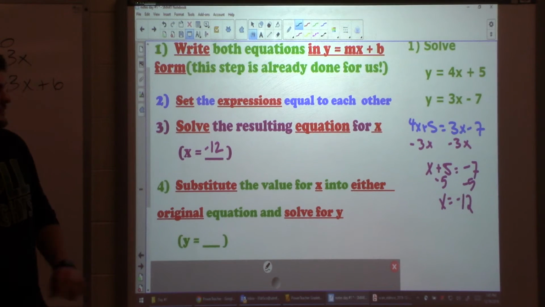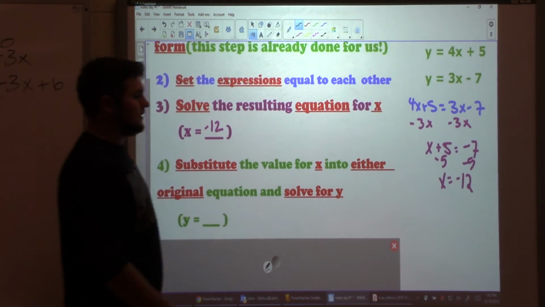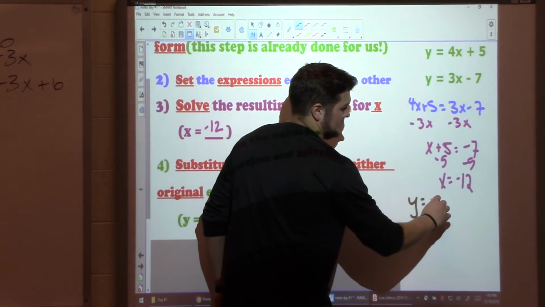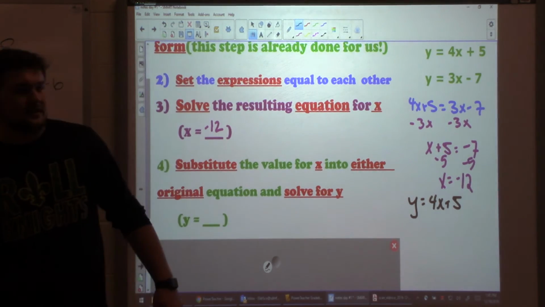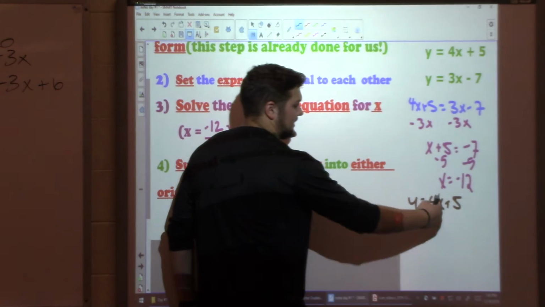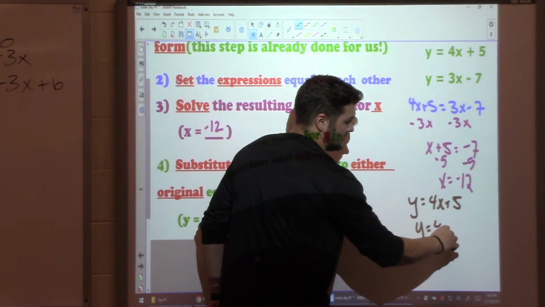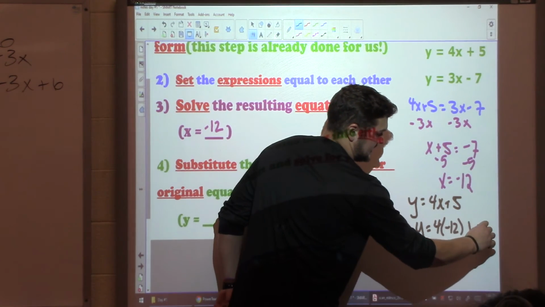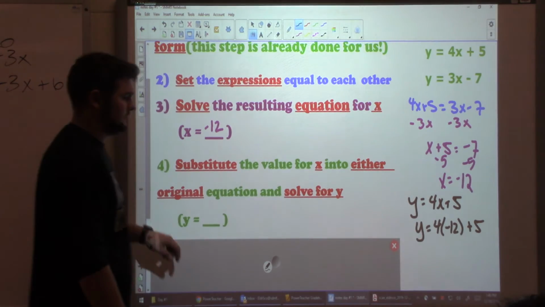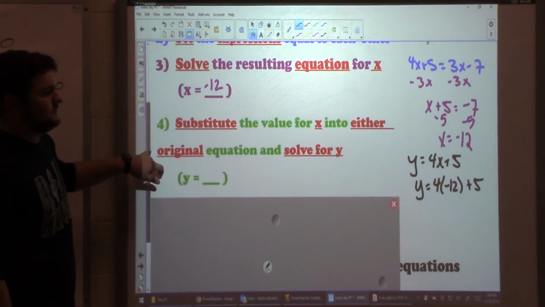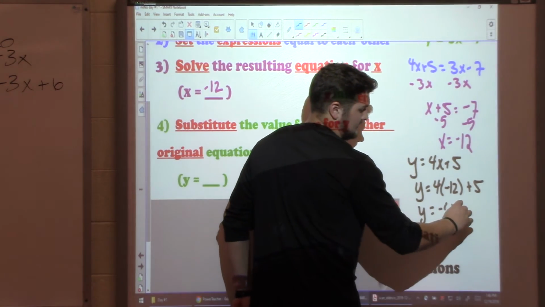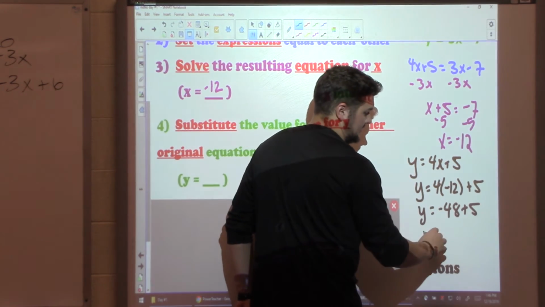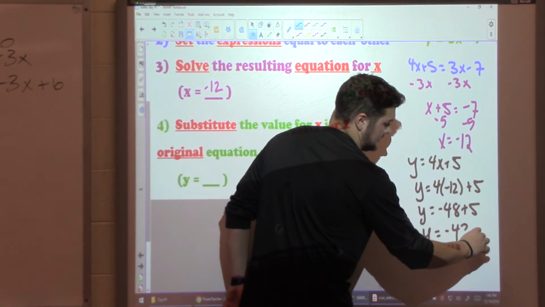Doesn't matter what you're going to use, we'll use the top. So y equals 4x plus 5. Okay? Well, I know x is negative 12, so I'm going to plug in negative 12. y equals 4 times negative 12 plus 5. Well, what's 4 times negative 12? Negative 48. Plus 5 would give me negative 43.